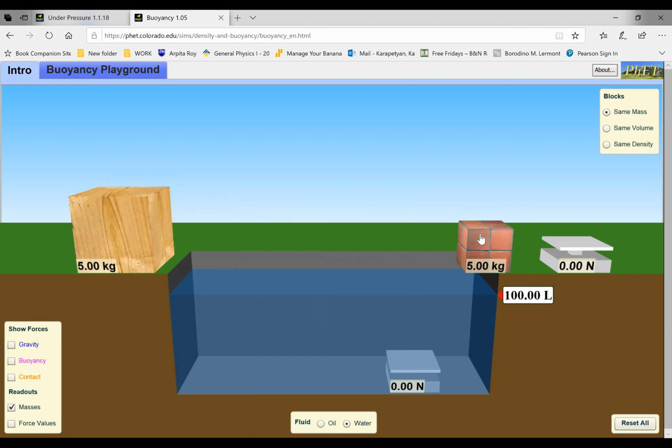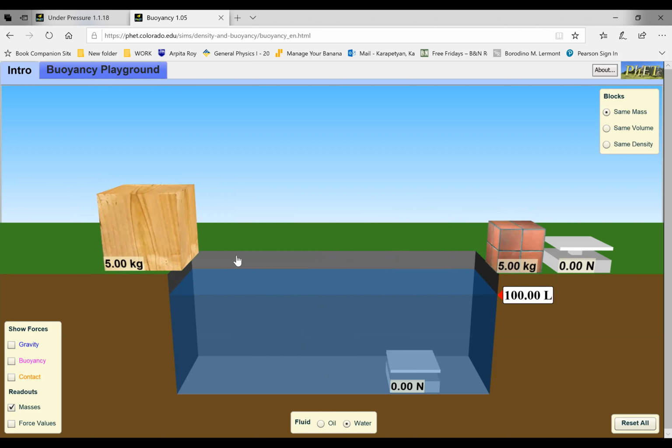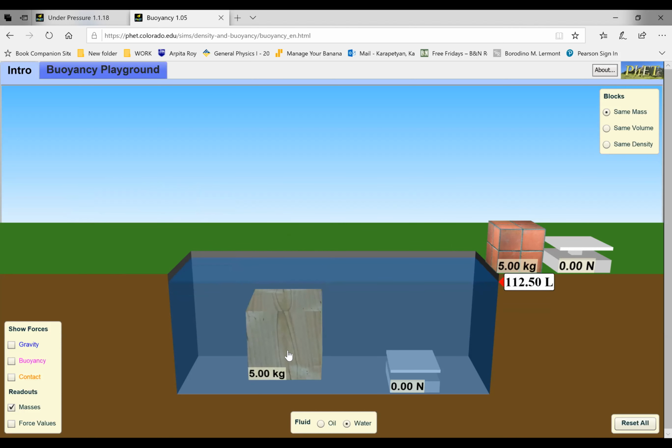Now take the second block, and this is just 102.5. That means just 2.5 liters displaced. Even though they're the same mass, only 2.5 liters is displaced because it's much smaller in volume.